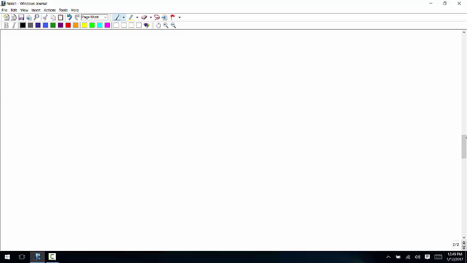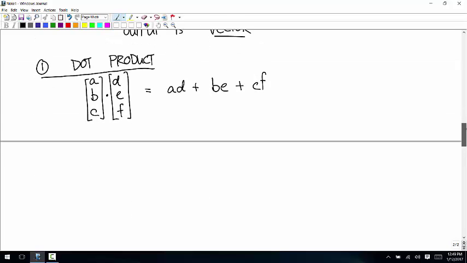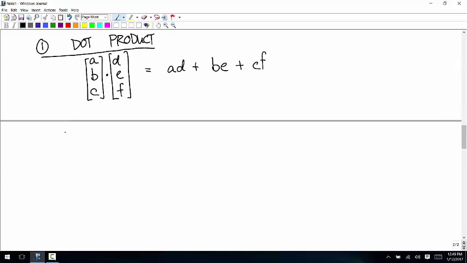On a TI-89 again, there's a built-in function for the dot product. The function is called dotP, little dot and then capital P. So in the catalog, look up dotP.